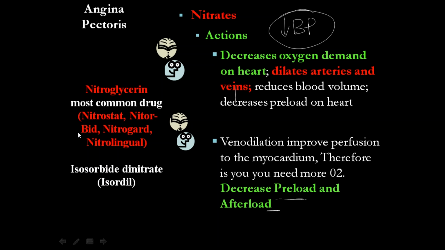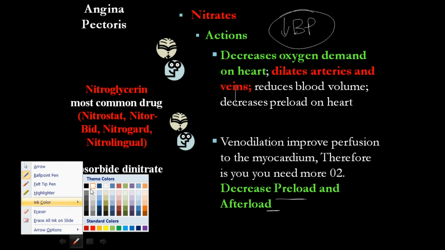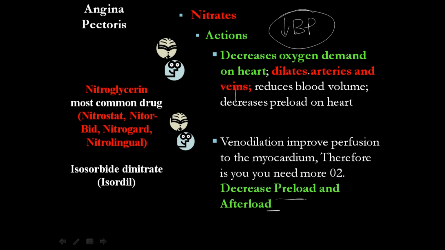So the nitrates are going to produce a vasodilation. Just a moment, I need to put the encoder again. Okay, so we need to remember what is preload and what is afterload.